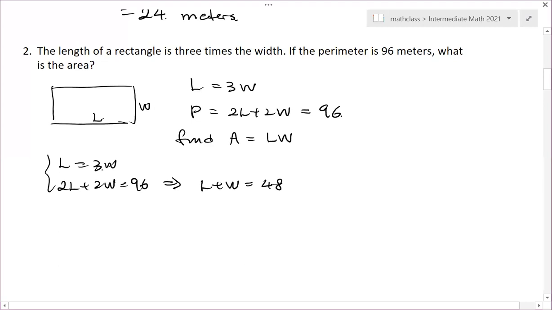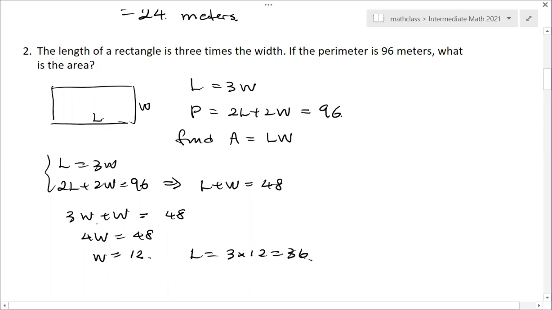Then L equals 3W, so L should be replaced by 3W, and then 3W plus W equals 48, and 4W equals 48. So W is going to be 12, 48 divided by 4, that's 12, right? Now once you get W, you can get L. L is 3W, so 36.